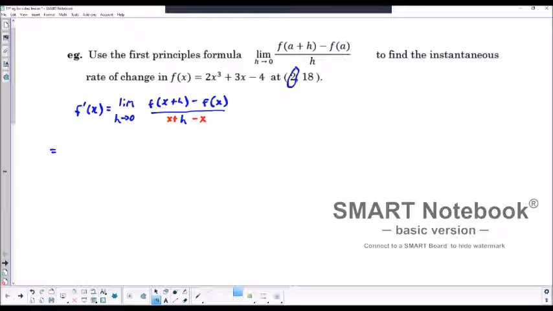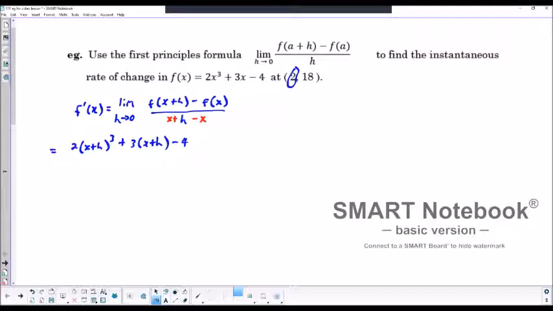So what we're going to do is substitute in x plus h, and personally I prefer to substitute in x plus h and do all the simplification first. So I'm going to substitute x plus h in for x wherever the x appears. All of this is f of x plus h.